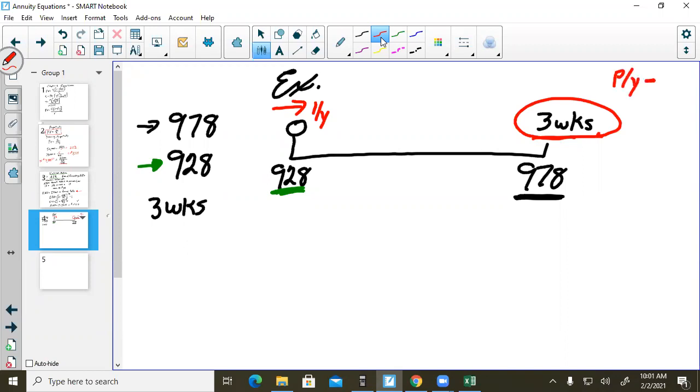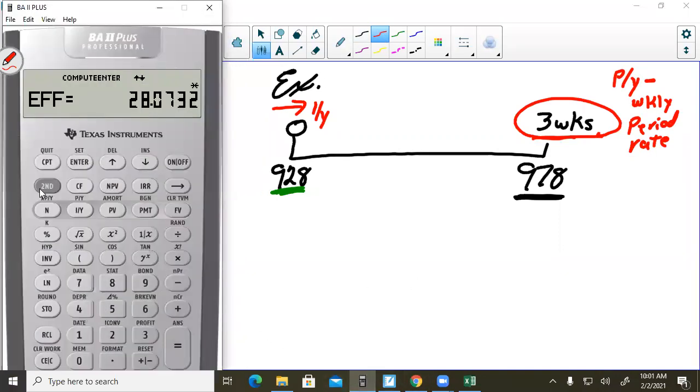And what that's going to give me is the weekly or periodic rate. Okay. So we're done here. I'm going to clear this out because we're going to come back to that in just a minute.